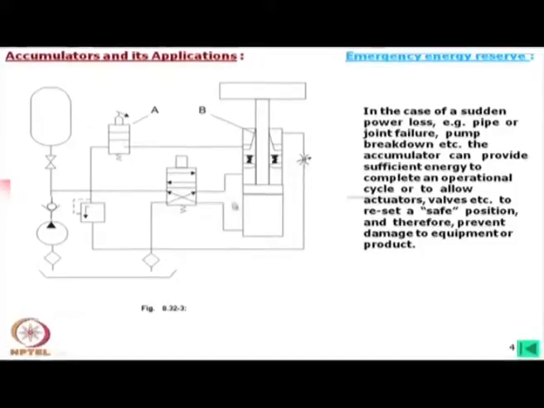Now, in case of any failure here, this oil can go this side, and through this passage the oil will flow to the tank in a controlled manner, and this piston, although it will collapse to its position, will go very slowly. Okay. So, in that case this accumulator is helping to prevent the sudden collapse of this cylinder.